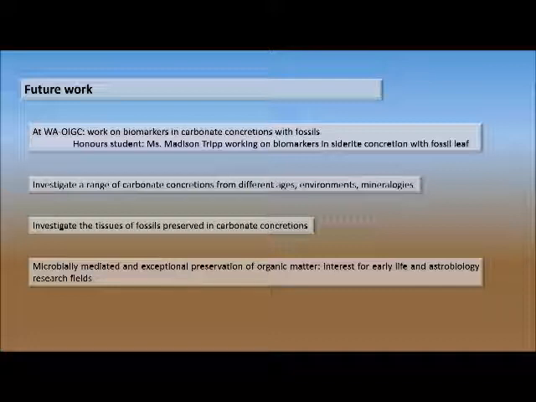Yet, if carbonate concretion are able to preserve biomolecules over 380 million years, potentially there is something to do for even older things, maybe not biomolecules, but maybe something. So they have a role to play in early life studies, and as carbonate concretion are formed by microbial communities, they could also play a role in astrobiology.